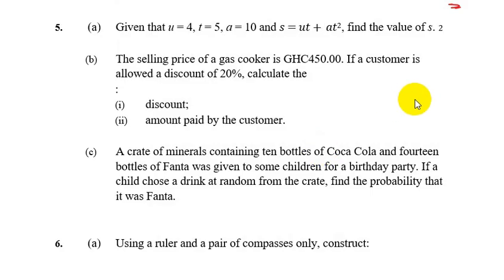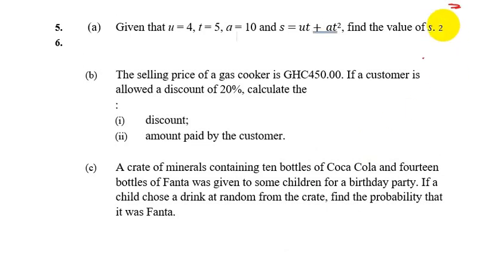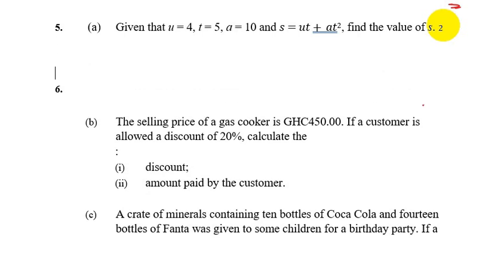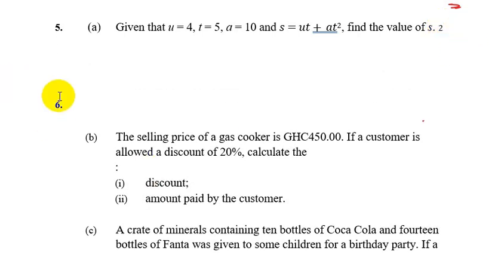Now 5a says that u equals 4, t equals 5, and a equals 10, and we are to find the value of s if the equation we are given is what we have on the board. So we are given s equals ut plus at squared.